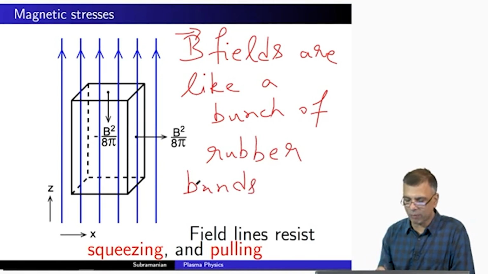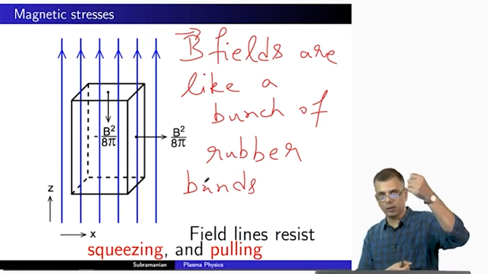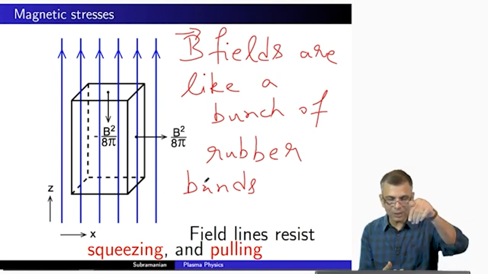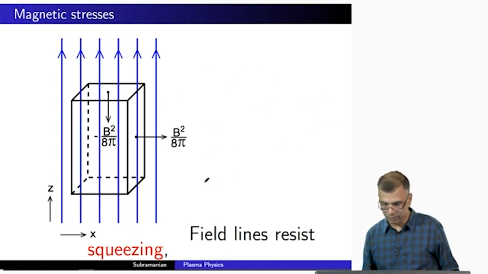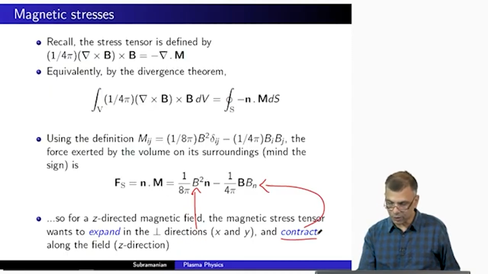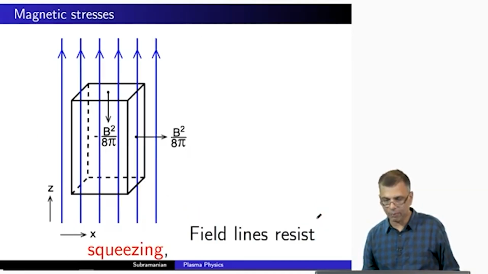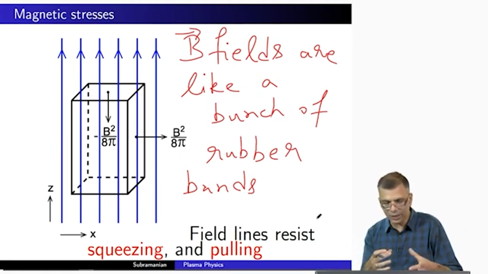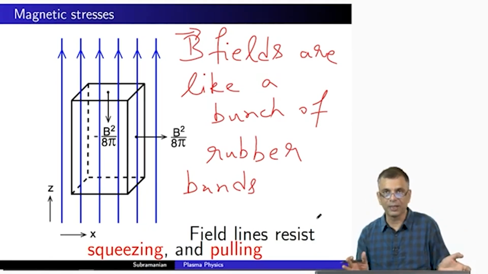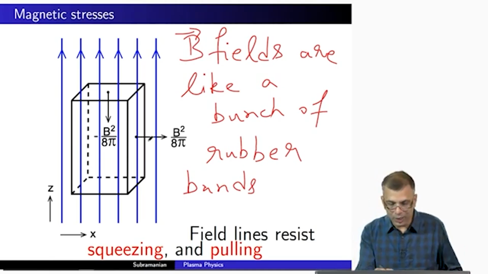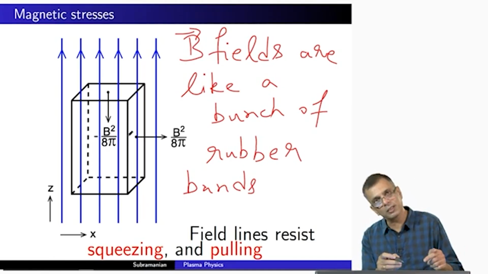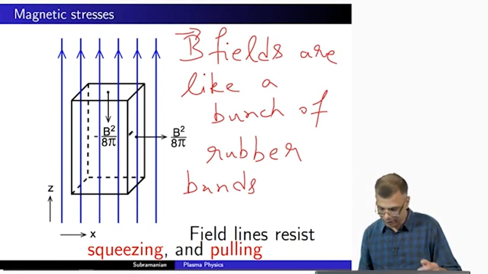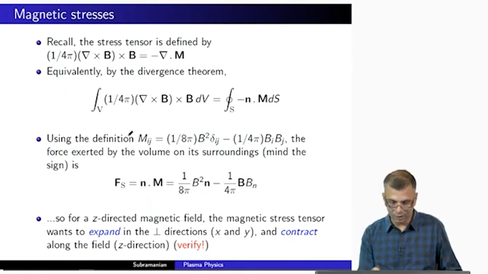Just like a bunch of rubber bands do not want to be pulled, if you try to pull them, they will try to contract, and that is the minus z directed force that you saw here. And just like a bunch of rubber bands, they do not like to be squeezed. If you try to squeeze them, they will try to expand, and that expansion force is in the directions that is perpendicular to z, in other words, in the x and y directions, just like here.